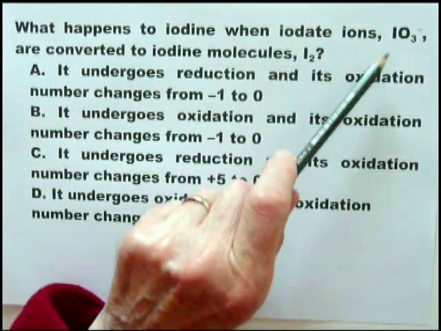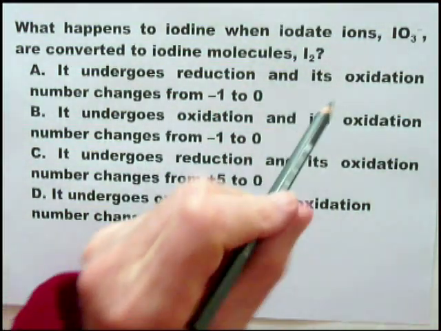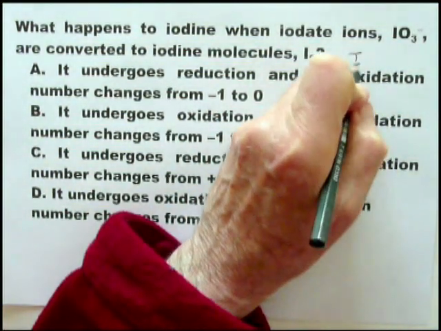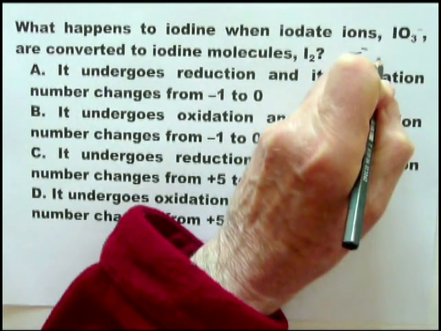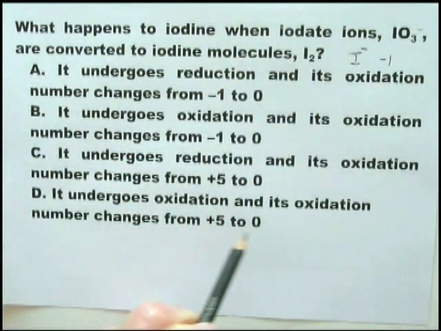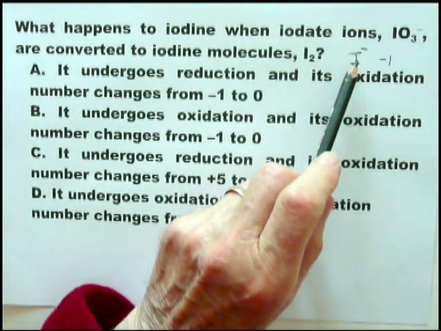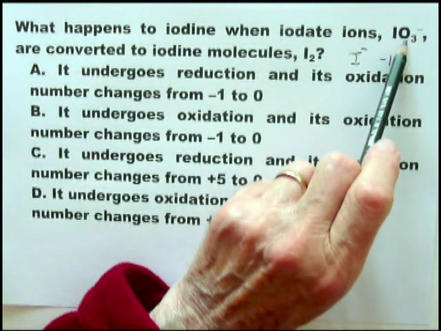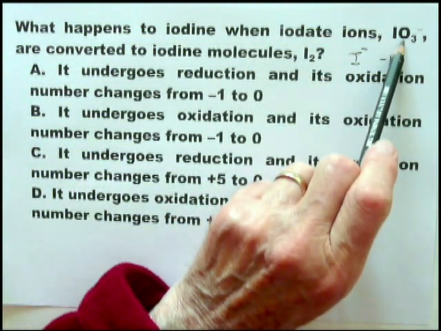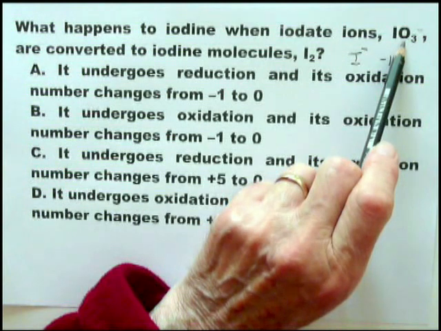Now we know they cannot have an oxidation number of -1 because the iodide ion has an oxidation number of -1. If the iodide ion has an oxidation number of -1, then the iodate ion does not have an oxidation number of -1.